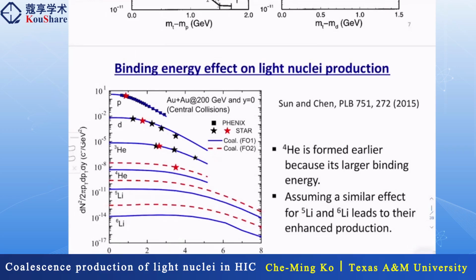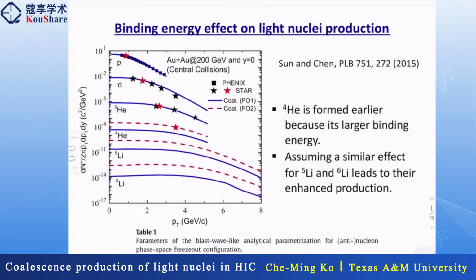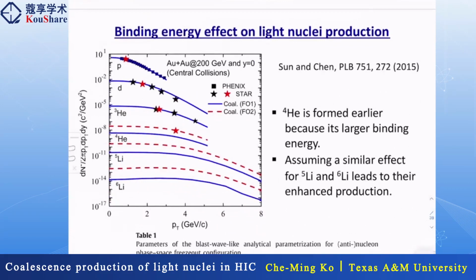They used a blast wave model to fit the proton spectrum, then predicted the deuteron, helium-3 and so on, their yields. They found that using the realistic coalescence model, like Kahana's, you get deuteron correct, helium-3 correct, but alpha particles are somehow under-predicted. That's the normal coalescence model.